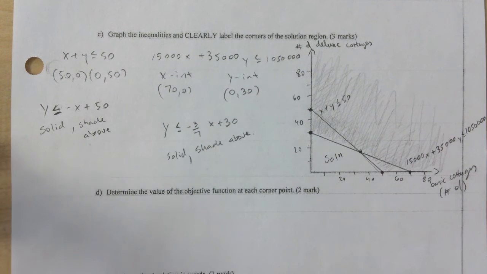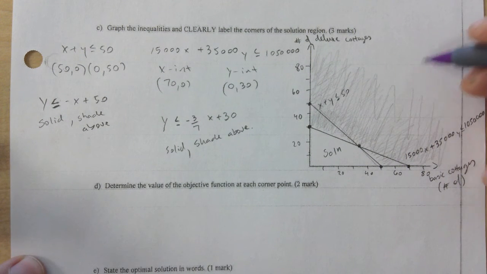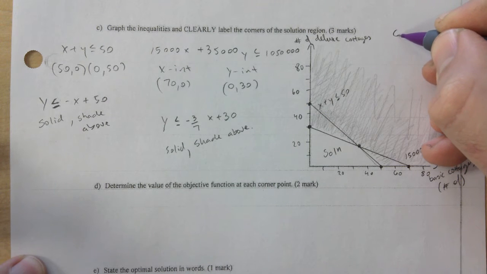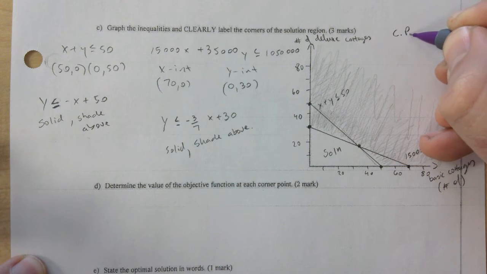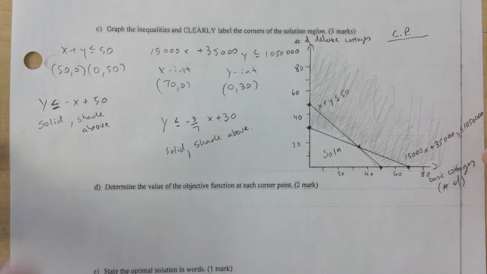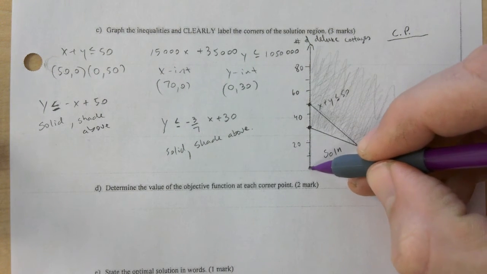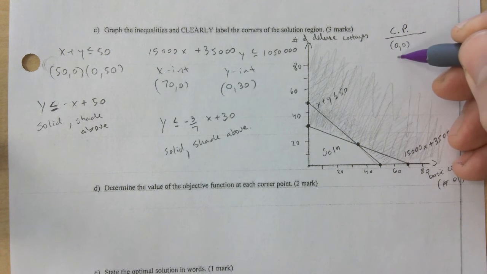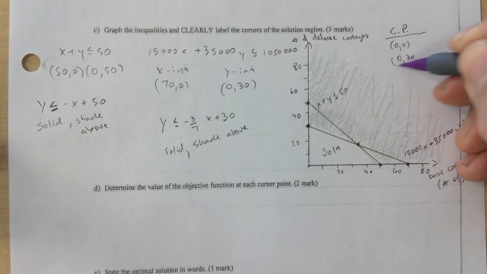Okay, we need to label the corner points of the solution region. You either tell me what the corner points would be somewhere on the side, or you do it right on there. I personally prefer the corner points on the side because it's easy to tell. So we've got 0, 0. We've got 0, 30.